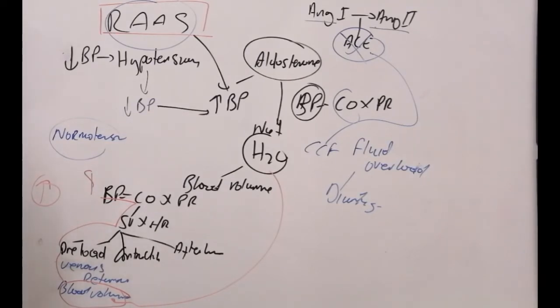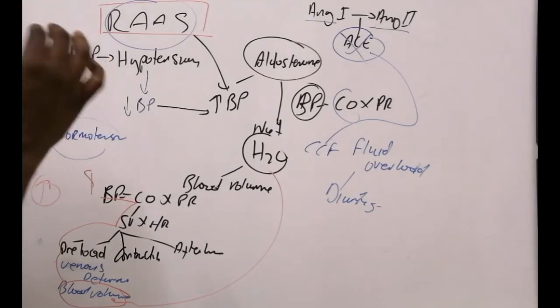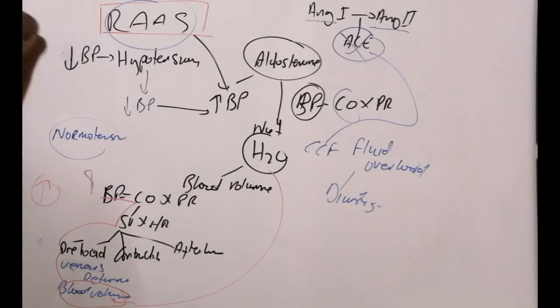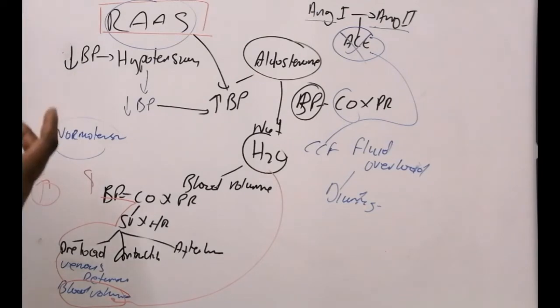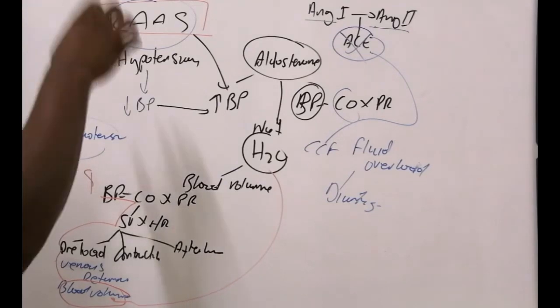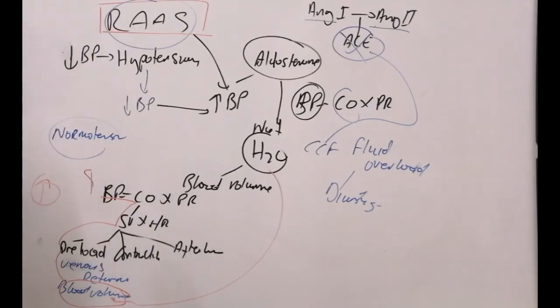Because of that slight hypoperfusion, which is chronic, the RAAS system is chronically activated in heart failure patients. That's why if you don't deal with the RAAS system, they don't get out of failure. So that's why you want to switch it off, right?